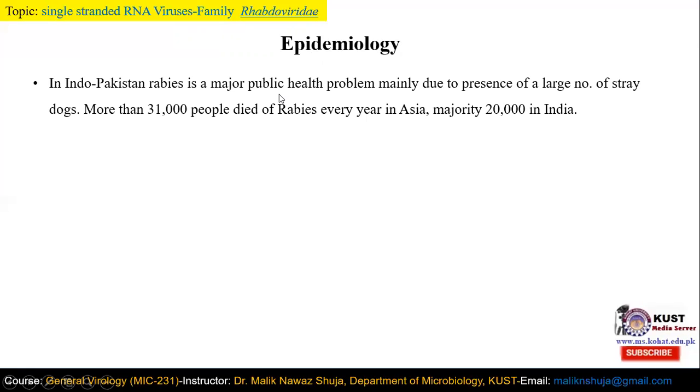In other words, rabies is a major public health problem due to the large number of stray dogs which are not properly looked after and not vaccinated properly, due to which the disease is transferred from one dog to another. More than 31,000 people died of rabies in Asia, and the majority were reported from India because of the large number of stray dogs in this region.